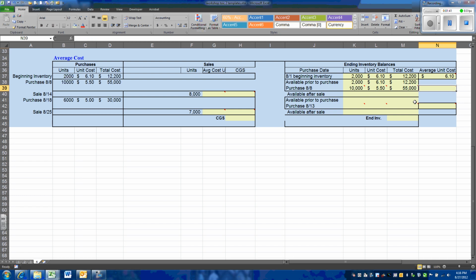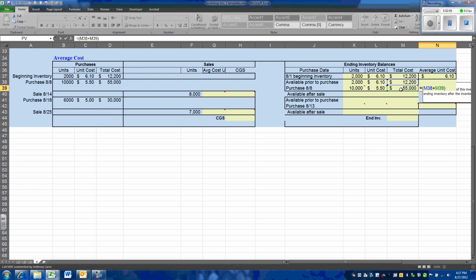Now, our average cost per unit can be calculated by creating an Excel formula. Start with the equal sign to tell us it's a formula. We're going to be doing two sets of calculations. We'll begin with the total cost of our inventory. That's our 12,200 plus our 55,000.